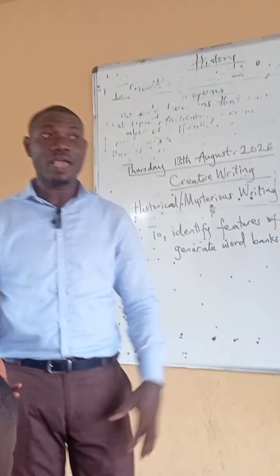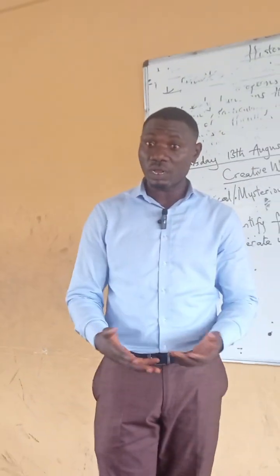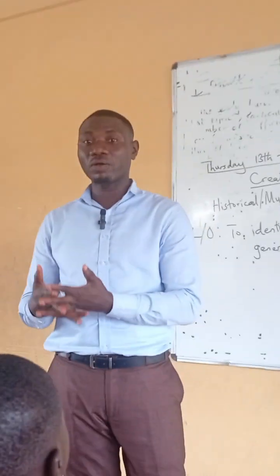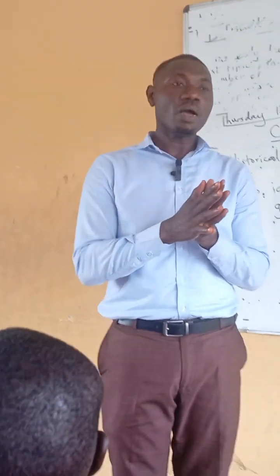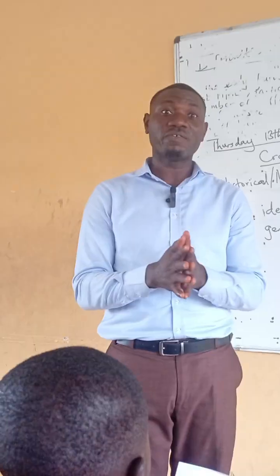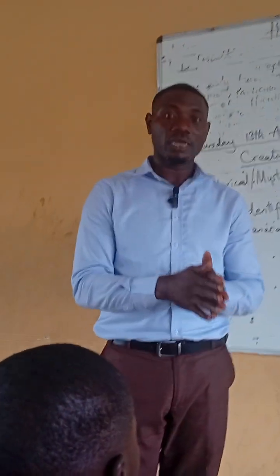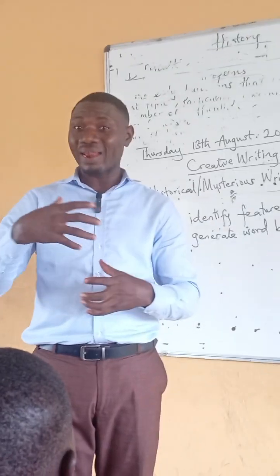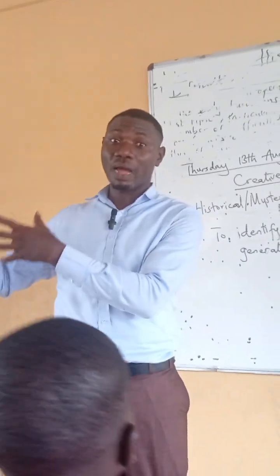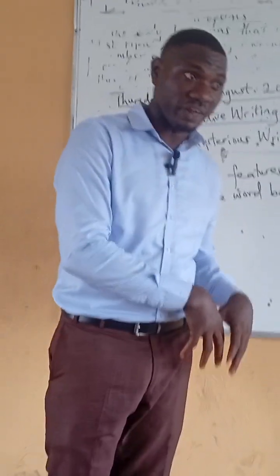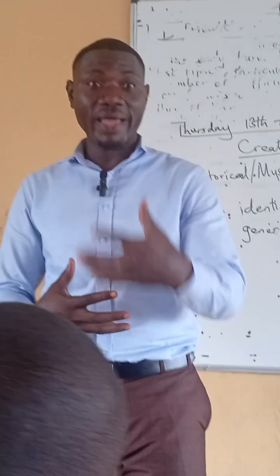If you set it in a Roman, let's say Renaissance period, or Victorian era, you will discover that all the items in that story will align with the things found during that period. That is why the history part is involved. You understand? So you won't find modern technology inside it.